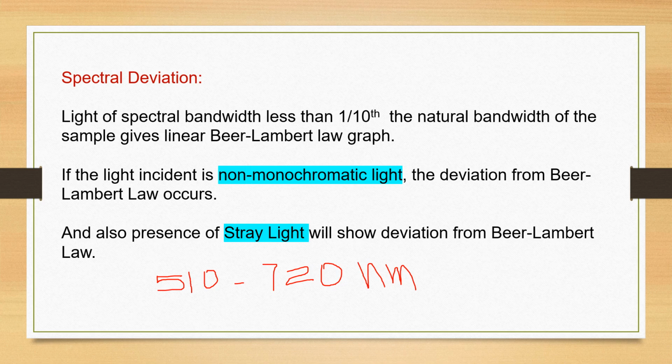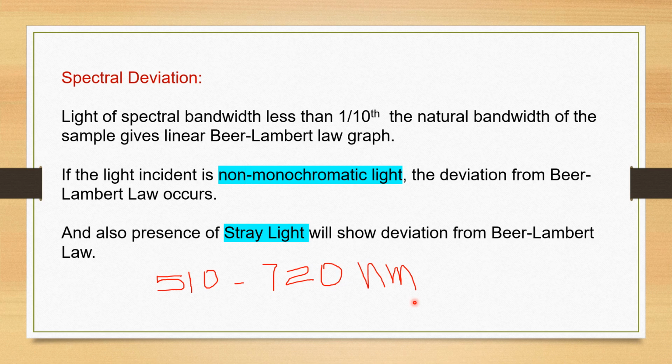Its natural bandwidth will become 720 nanometers minus 510 nanometers. That means we have to subtract the lower wavelength from the higher wavelength. That gives 210 nanometers. 210 nanometers is the natural bandwidth of that sample.